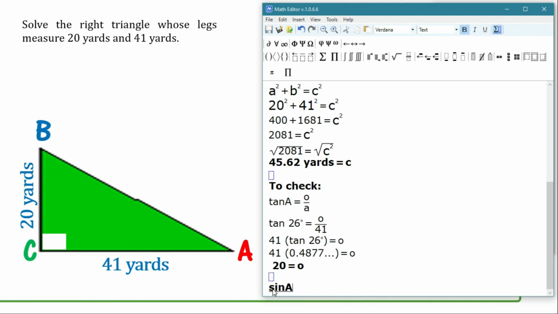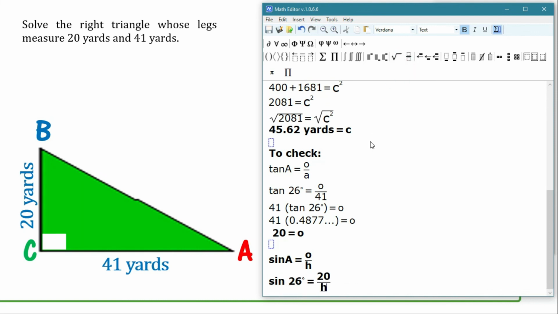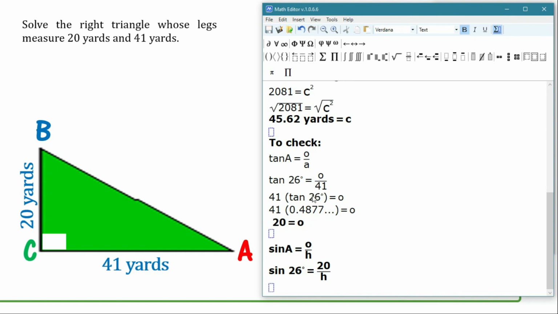So, we have sine A equals opposite over hypotenuse. Okay? So, si A po yung gagamitin natin. Ang A natin is 26 degrees. That's 26 degrees equals, what is our opposite side? Opposite side is 20 yards over our hypotenuse. Okay, and for us to get the value of the hypotenuse, manipulate lang natin siya algebraically.